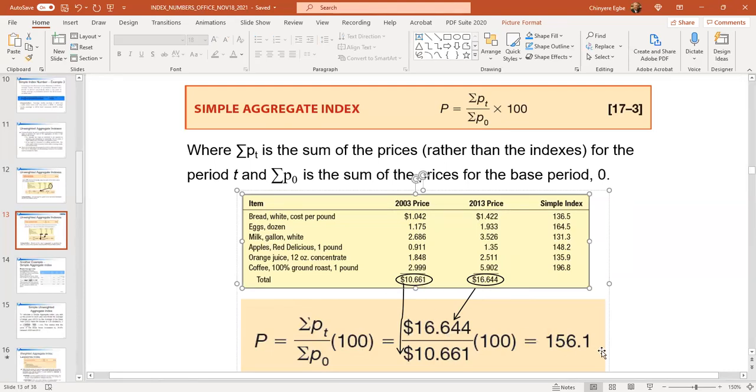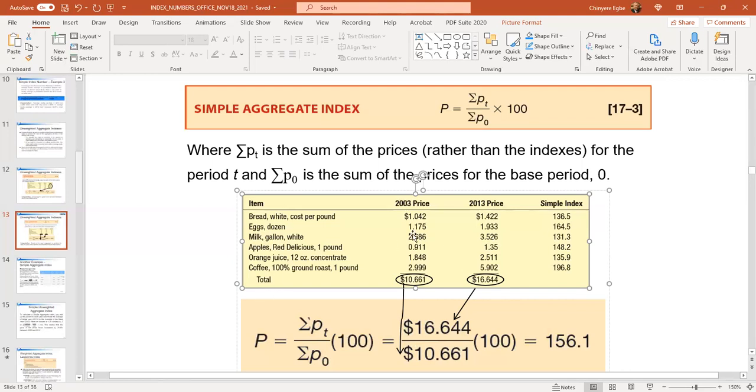So if you use this method to calculate your index, you would say that prices increased by 56%, while the other method told you that prices increased by 52%. There are advantages, mathematical advantages, and also conceptual advantages and disadvantages in using either method.